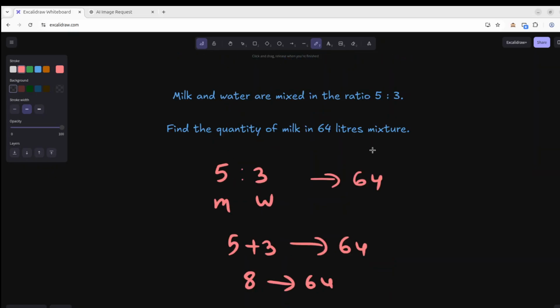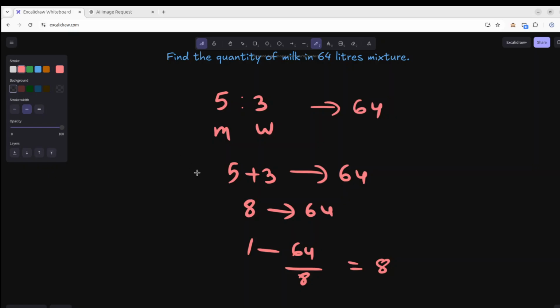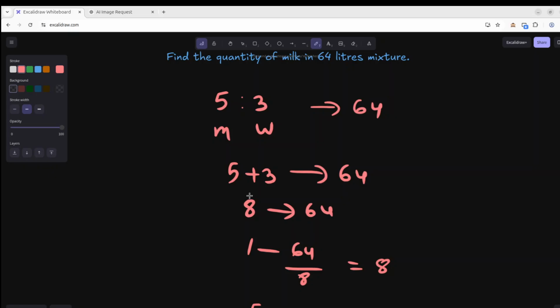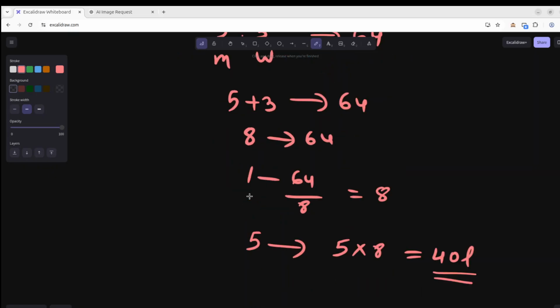We need to find the quantity of milk. So milk was 5, right? So 5 corresponds to 5 into 8 equal to 40 liters. This is the quantity of milk in the 64 liter mixture. I hope this is clear to everyone.